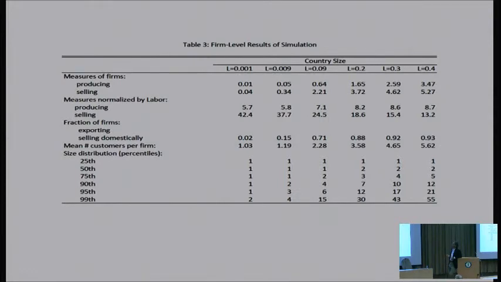So now let's see how we do on this fact that had been a challenge for our earlier models. It didn't have a scale effect. That pushed us, in our earlier work, towards using a Melitz model where there's a fixed entry cost. And now we're taking a model where there's no explicit entry cost, but there are these search frictions which generate something similar.